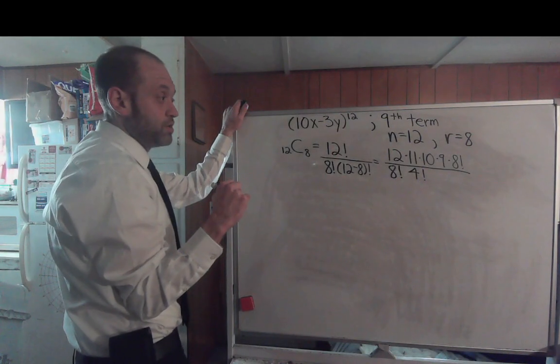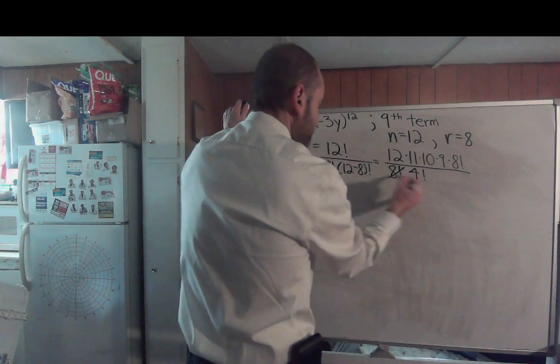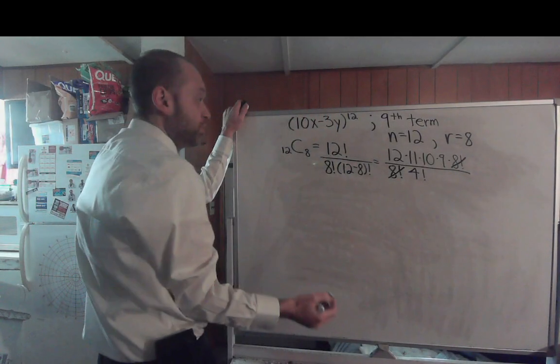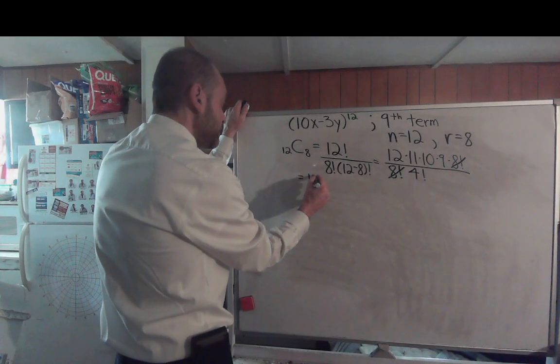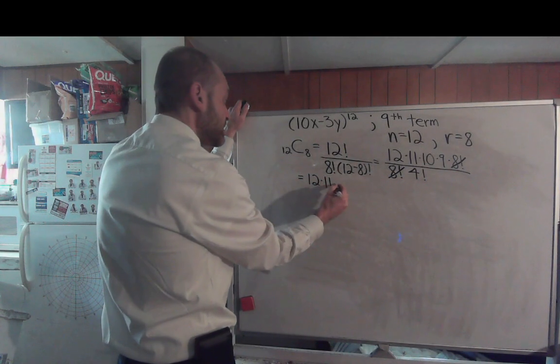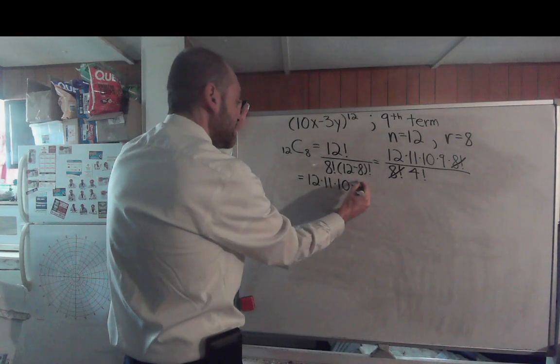Well, some good news here is that the 8 factorials are gone, but let's take care of what's left. So now you have 12 times 11 times 10 times 9.